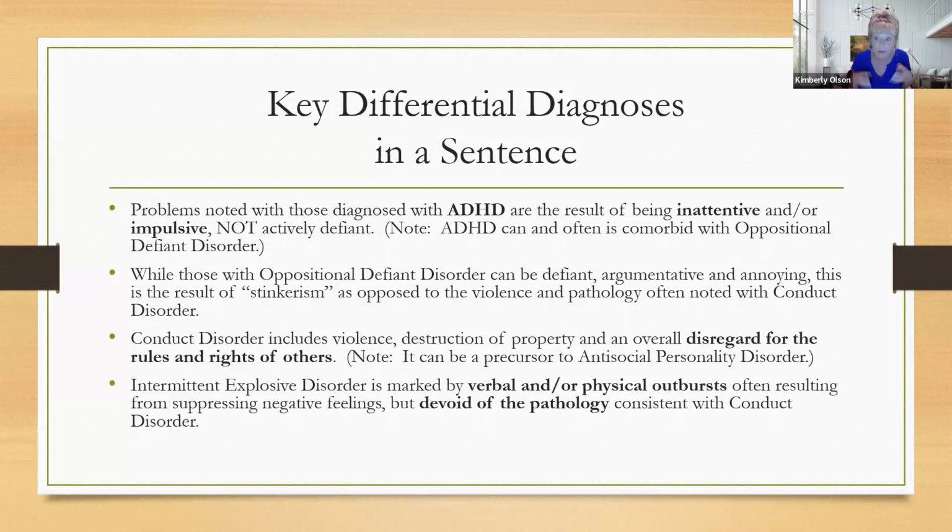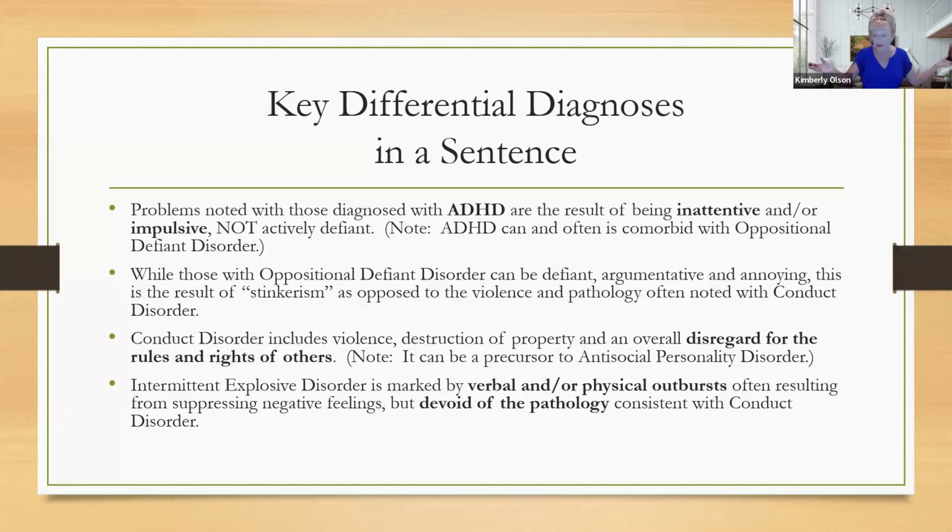Now, here's where we run into issues. ADHD is often comorbid with oppositional defiant disorder, like 80%. I mean, the figures are outrageous. And I'm not sure if it's because we fail to distinguish, or if it's really that hard to distinguish, or if we've got somebody with ADHD who is already inattentive and impulsive, and we've got a kid with ODD who's already a stinker.